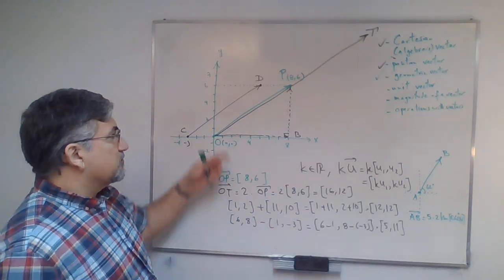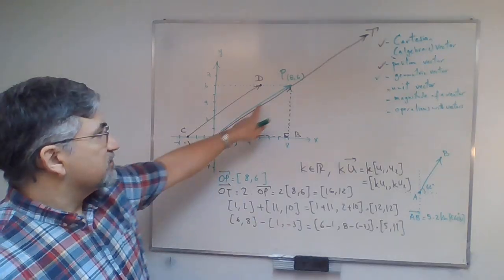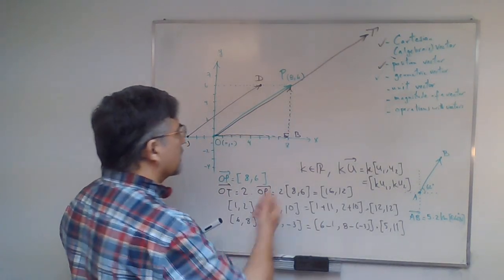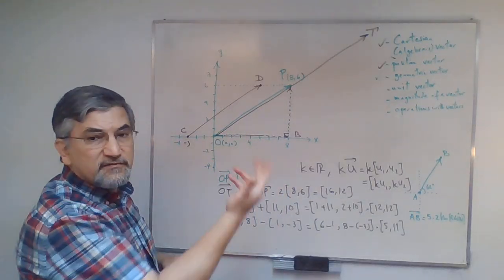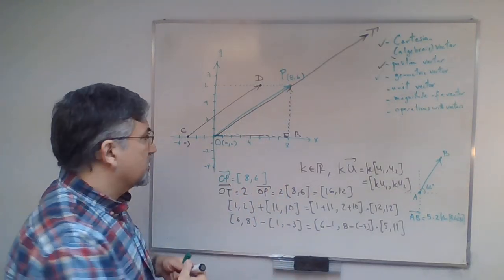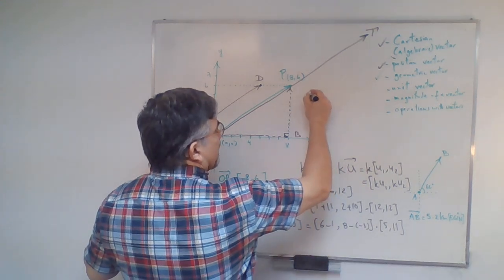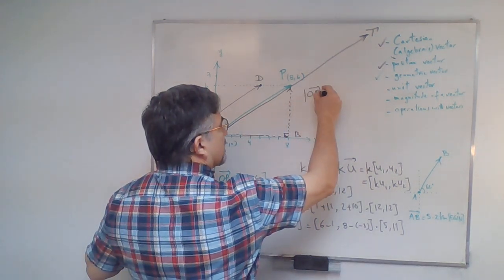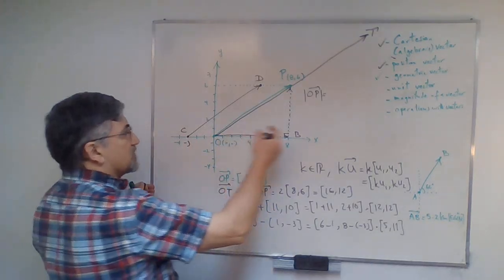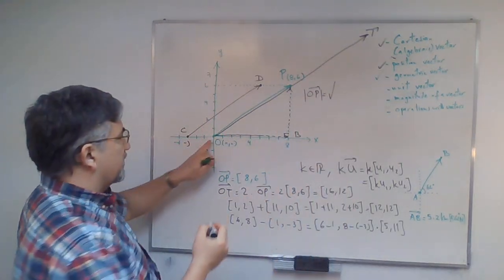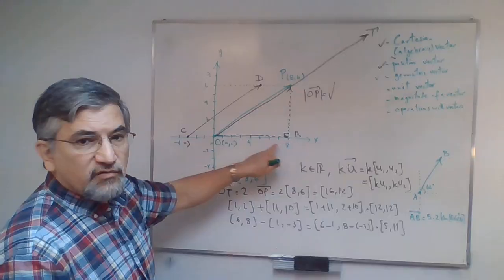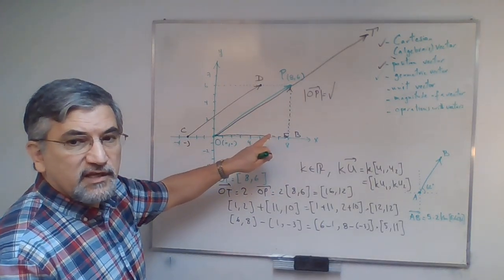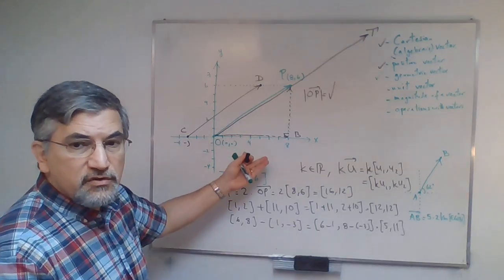Magnitude. How do you calculate the magnitude of a vector? Same vector I had, vector OP. I want to find the size of that vector, let's say. It's not difficult to find the length of the hypotenuse using Pythagorean theorem. So I'm going to say the magnitude of vector OP, using the symbols for the magnitude, is going to be the square root of 1 leg of the right angle squared plus the square of the other leg of the right angle triangle, following Pythagorean theorem.